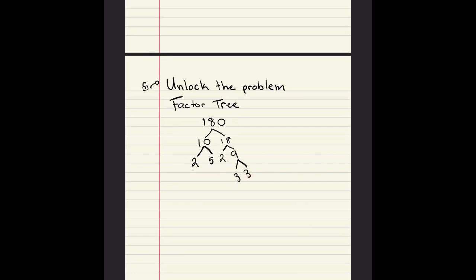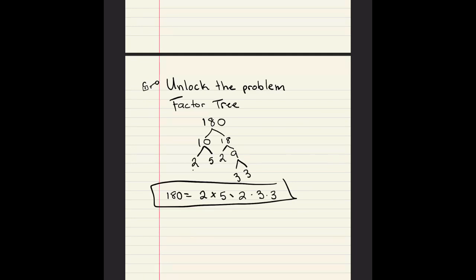Can anything go into these numbers? No. Besides 1, nothing can be multiplied to get these numbers. So they're prime numbers, and that's our final answer. So the prime factorization of 180 equals, we need to list it out, 2 times 5 times 2 times 3 times 3. And that's our answer.